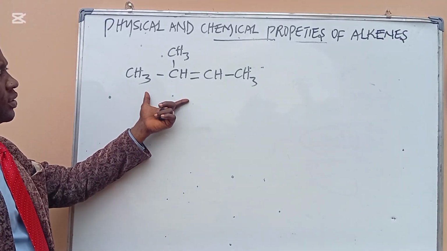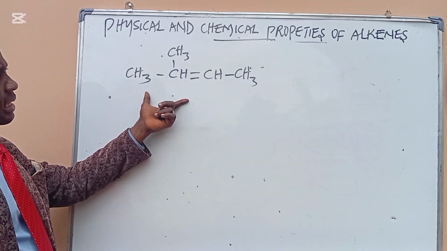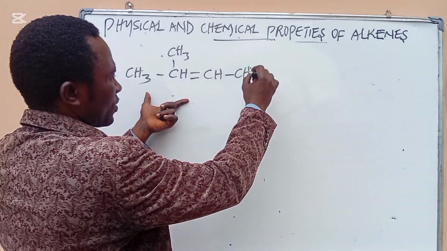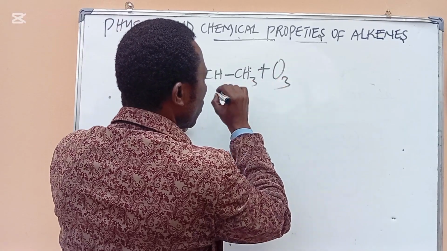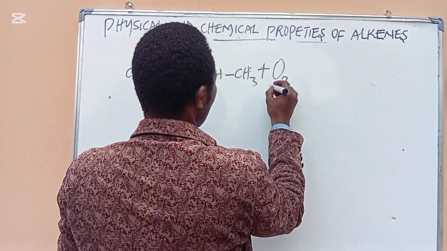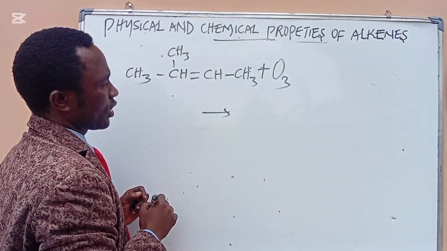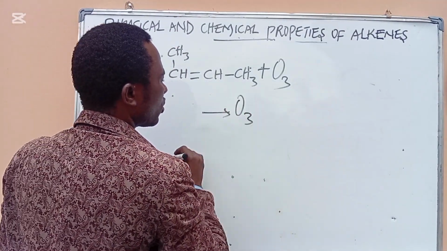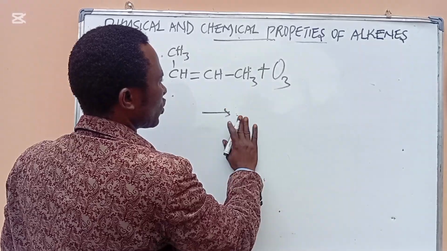This is an alkene and it is reacted with ozone. So what we are going to get in this reaction is an ozonide.